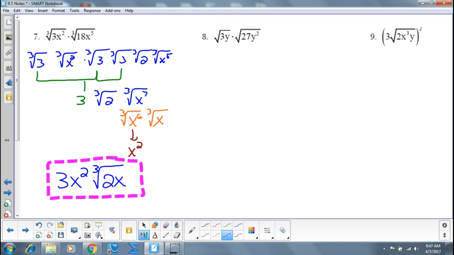Combine them or keep them separate? In number 8. Separate? Okay. So then this would be the square root of 3 times the square root of y times the square root of 9 times the square root of 3 times the square root of y squared.